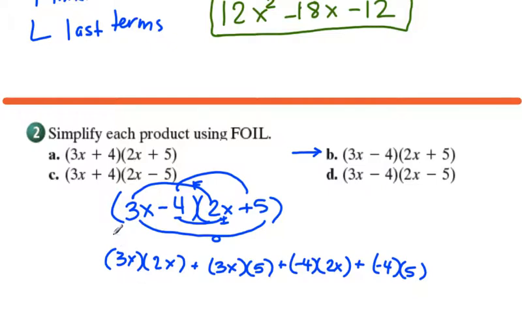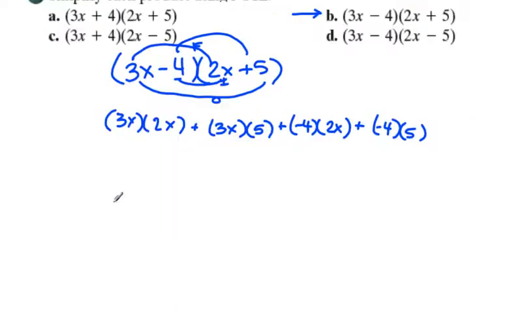All right, now we need to combine like terms, clean this up, and let me get a little space there. 3x times 2x, 3 times 2 is 6, x times x is x squared. 3x times 5 is 15x. Negative 4 times 2x is going to give us negative 8x. Negative 4 times 5 is going to give us negative 20.